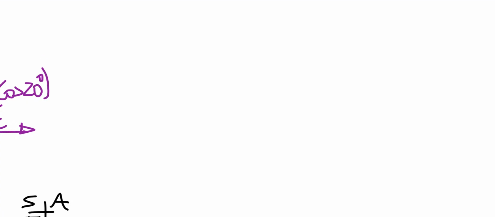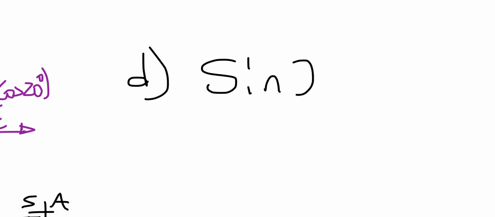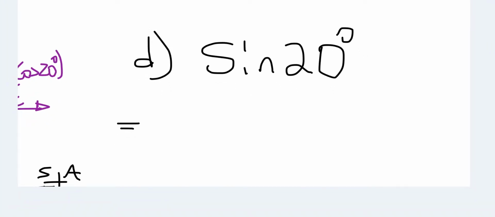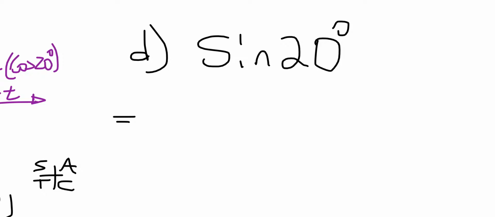So now maybe let us jump onto this one, being problem D, where they are giving it to you straight as sine of 20 degrees. When it is given to you like this, you don't need to reduce that angle because already it's reduced.